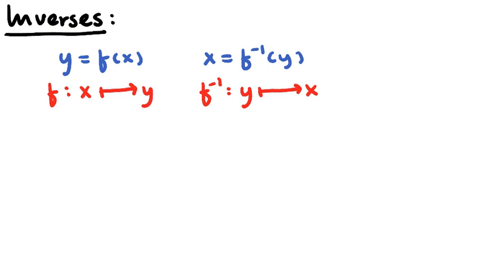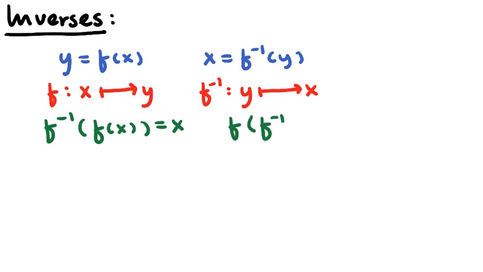One definite key characteristic of an inverse function is that f inverse of f of x is equal to x. And f of f inverse of y would be y. Okay, so they just undo each other. And nothing has really happened when you do something and then you do its inverse.